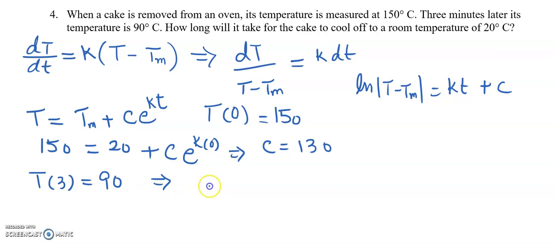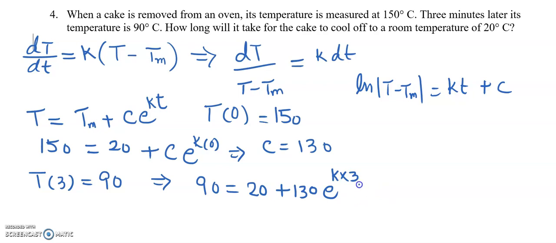Putting in these values, 90 equals Tm, which is 20, plus C, which is 130, times e to the power 3k.